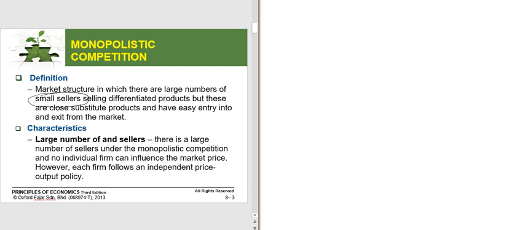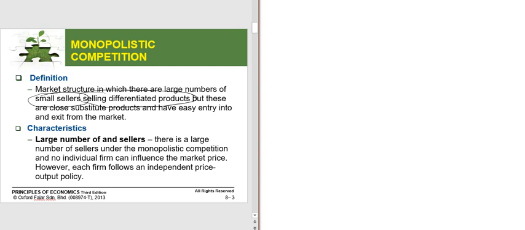But the difference is that they are selling differentiated products. In perfect competition, they are selling identical products, homogeneous, produknya sama sahaja. But in this market structure, they are selling differentiated products, produk yang boleh dibezakan. How do they differentiate the product? By putting a brand on their product. We are going to look at that in detail later on.